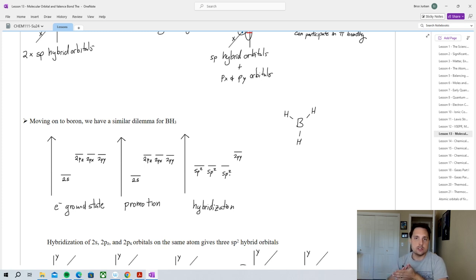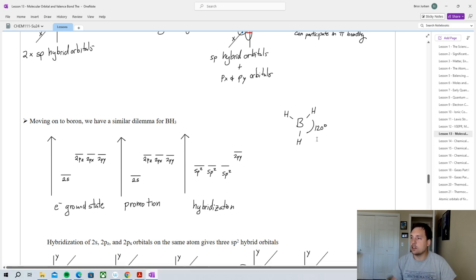It's one of the exceptions to the octet rule. And I've drawn it so that the bond angles are 120 degrees from each other. This is because this is the geometry that's predicted by VSEPR theory. We want to have a trigonal planar geometry.